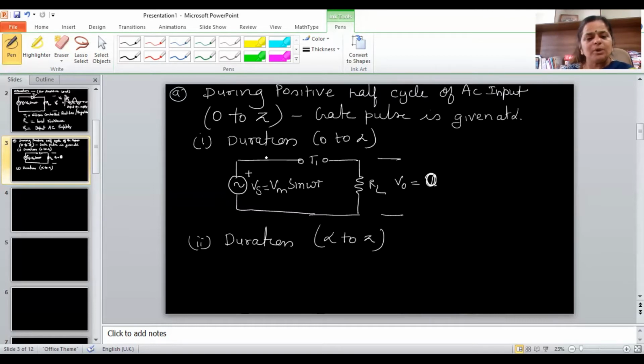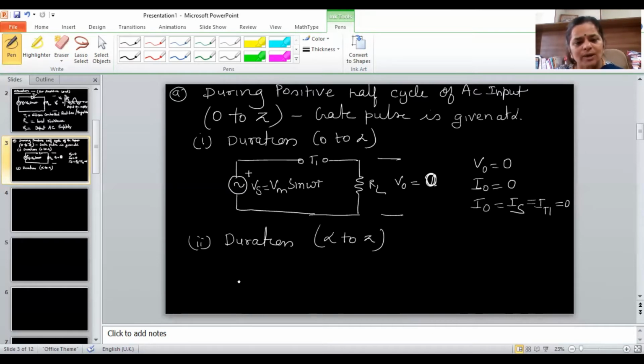And what will be the output current? Since the circuit is open, V0 is 0 and the load current will be 0, and as it is a simple series circuit, the load current will also be equal to the supply current, and the current flowing through SCR 1 will also be the same, and all these three currents will be 0.